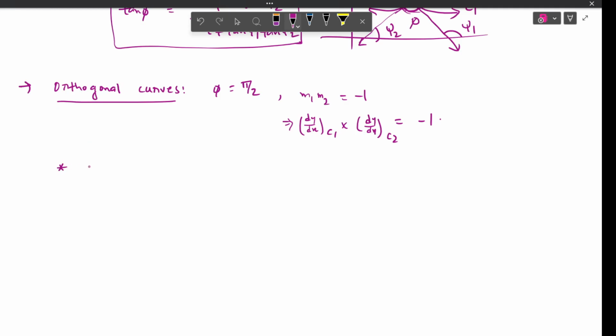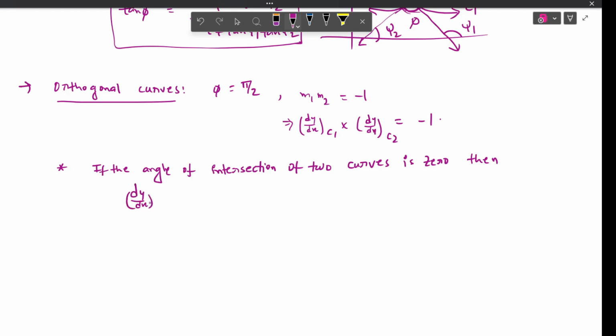So we can make this point: if the angle of intersection of two curves is 0, then slopes are equal, right?